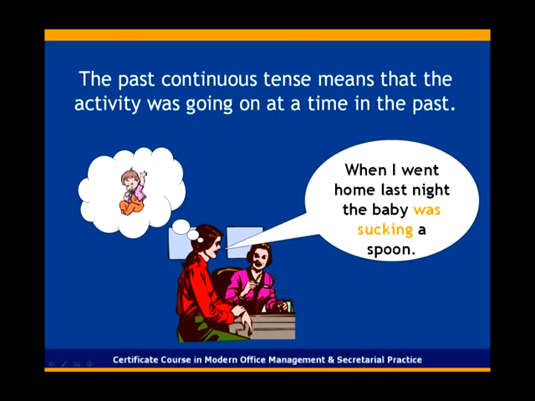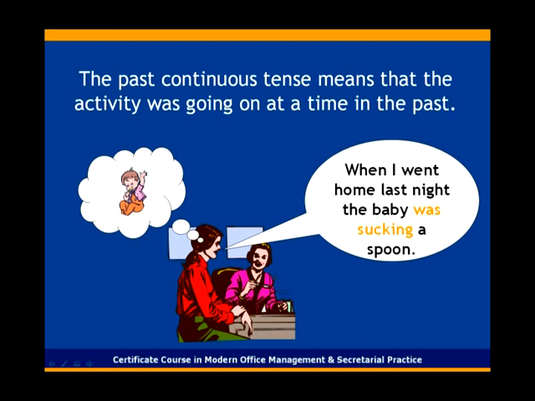She saw that the baby was doing something. What was the baby doing? Sucking a spoon. The baby was in the middle of an action in the past. Therefore, she used the words "was sucking" when referring to the action in past continuous tense.